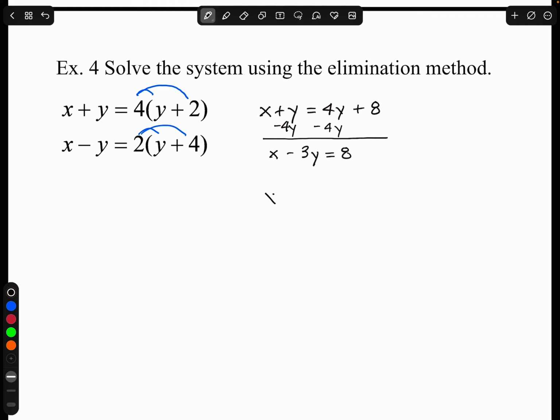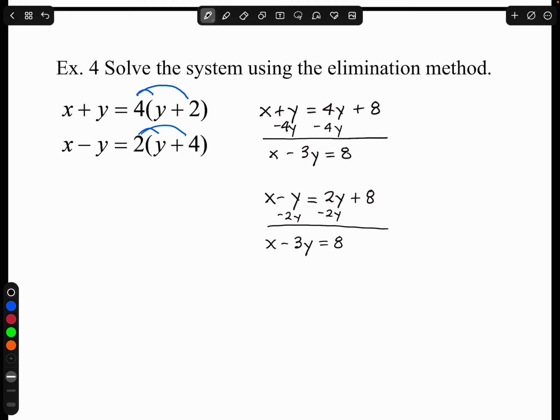And then we'll do the same thing on the second one. So we have x minus y is equal to, we distribute, 2y plus 8. And again, I'm going to combine my like terms.